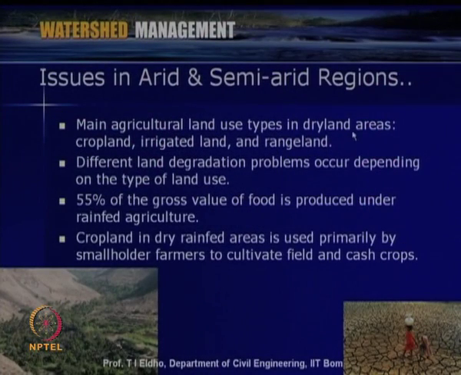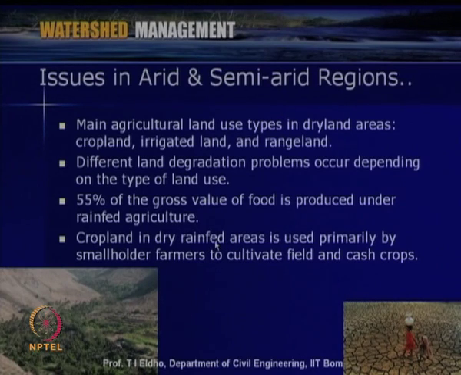Also, the main agricultural land use types in dryland areas are cropland, irrigated land and rangeland. So, there are a lot of issues as far as the agricultural area is concerned. Different land degradation problems occur depending upon the type of land use in the arid or semi-arid regions. 55% of the gross value of the food is produced under rain-fed agriculture in the arid and semi-arid regions.